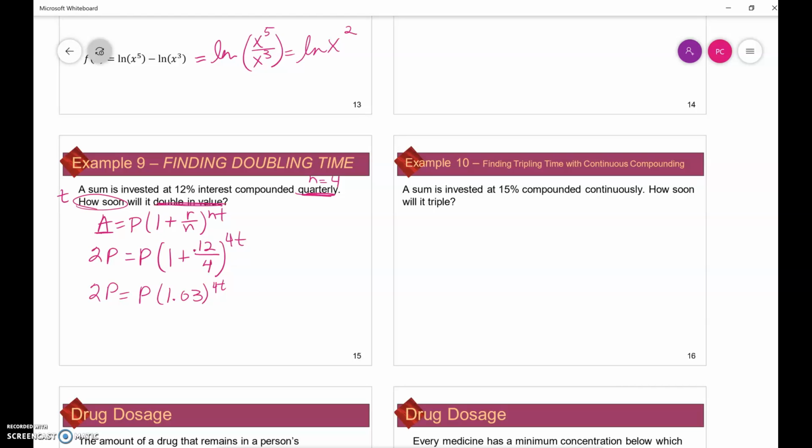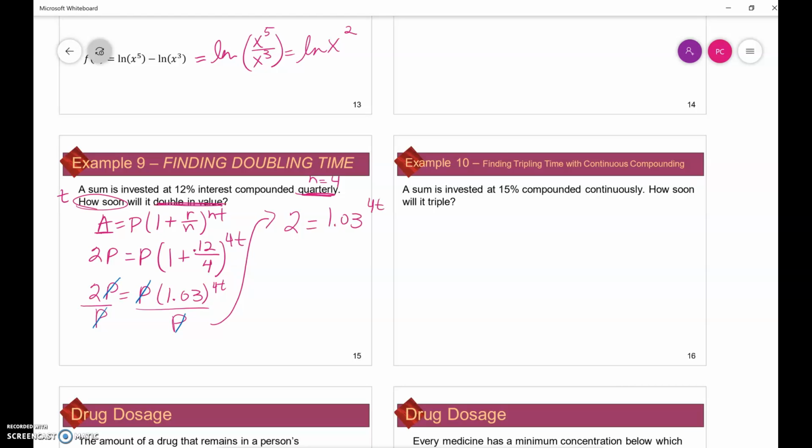That needs to be one of the very first things you do. Then we're going to divide by P on both sides. That's an extra variable that we don't need, and we see that it cancels out. So what we end up with is 2 equal to 1.03 to the 4t power.